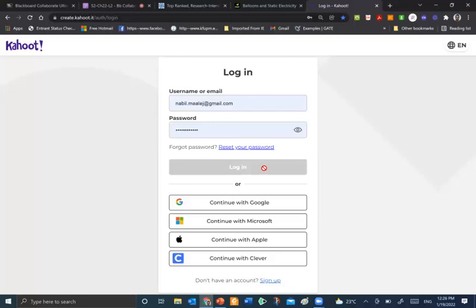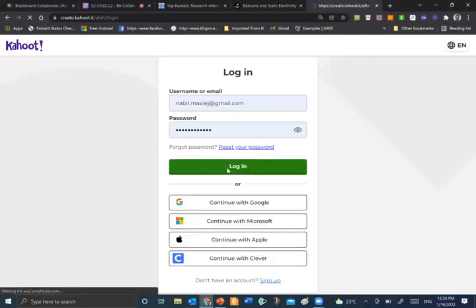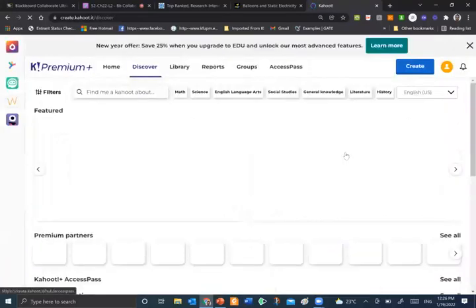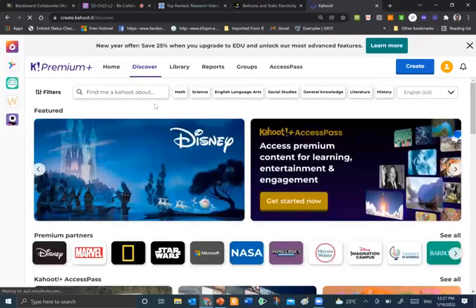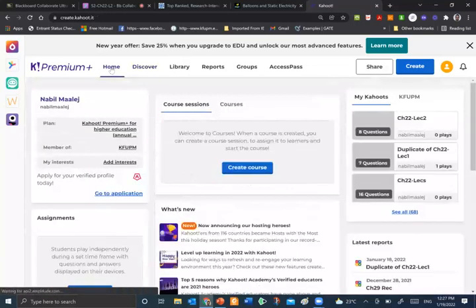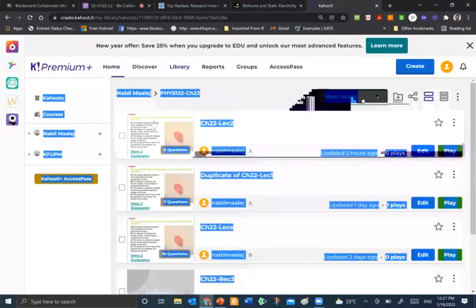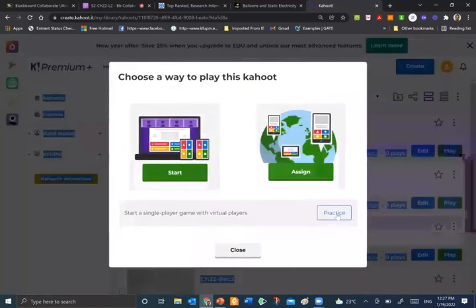So please make sure you participate because I will use it for attendance. I don't have any other means. Login. Okay, so let me play this Kahoot, and start.